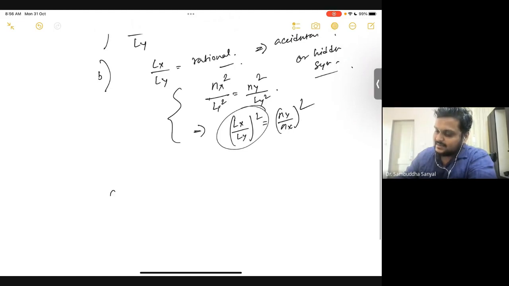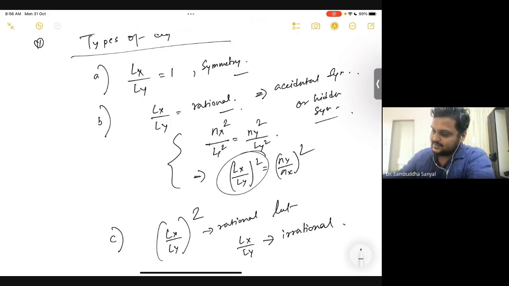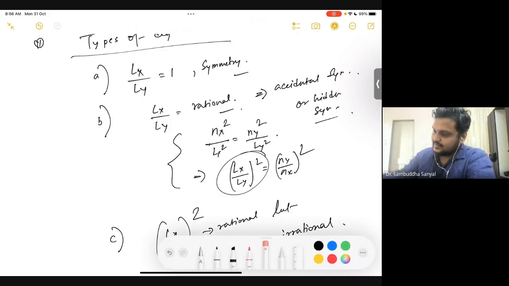Now there is another kind of symmetry you will find, where Lx by Ly squared is rational, but Lx by Ly is irrational. So this is not accidental. Check how they look.